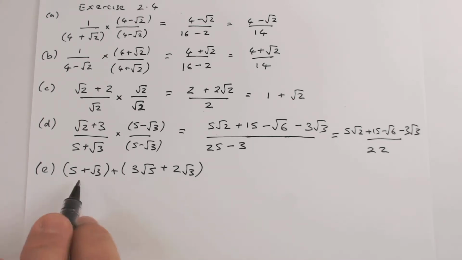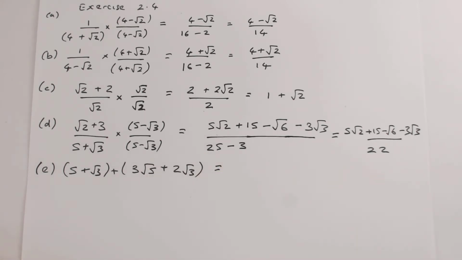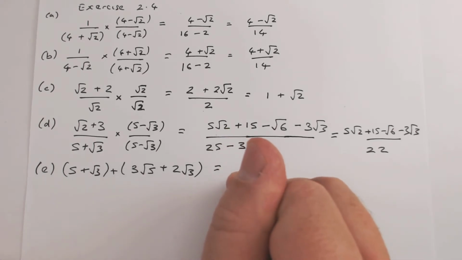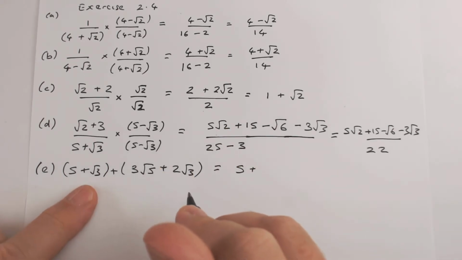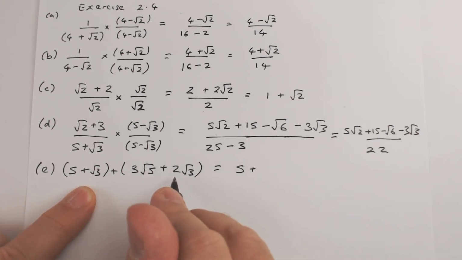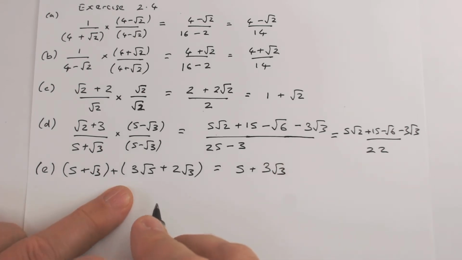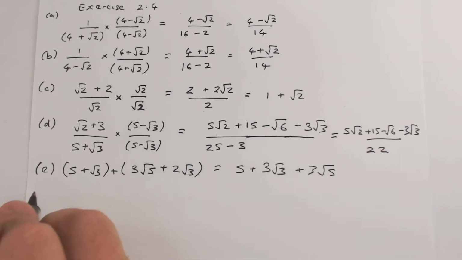That isn't common with that, so take the integer one first. So that's going to give me 5. Then I've got some root 3 is common, so we've got one of them there and two of them there, so we've got 3 root 3, and then finally we've got 3 root 5.